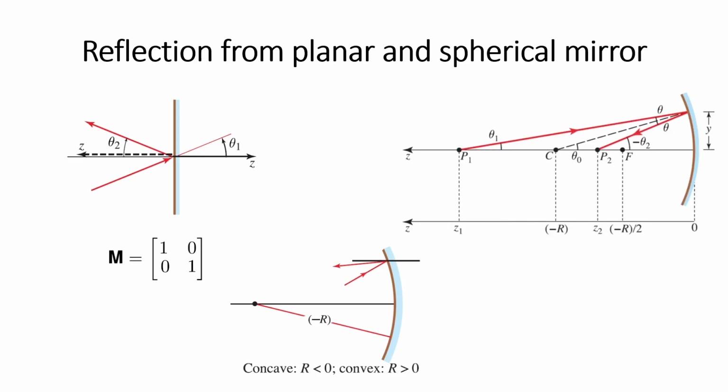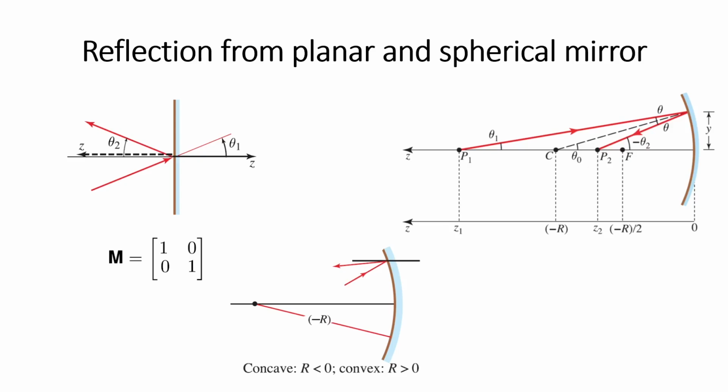The ray starts at point P1 at angle theta 1, as you see in the figure. After reflection from the mirror, it meets the optical axis at point P2, but the angle is now minus theta 2. Now theta 0 in the figure is an external angle for the left triangle.